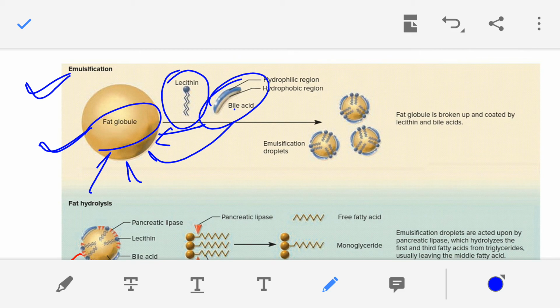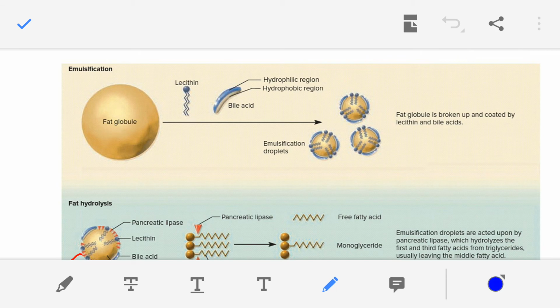So the large fat globule is converted into smaller fat droplets, and these smaller fat droplets are known as the emulsification droplets.